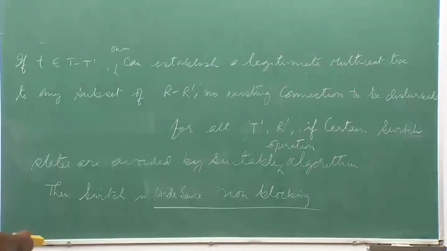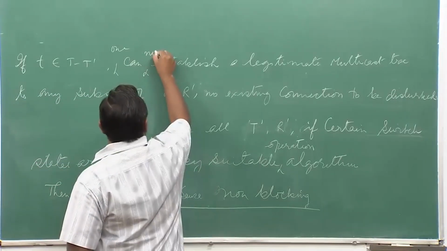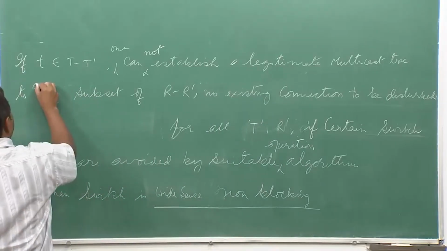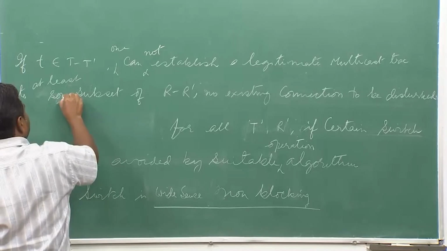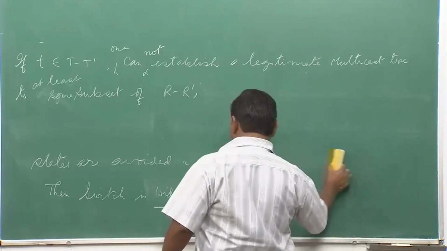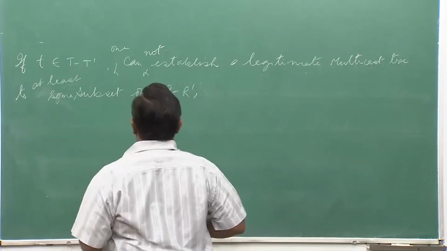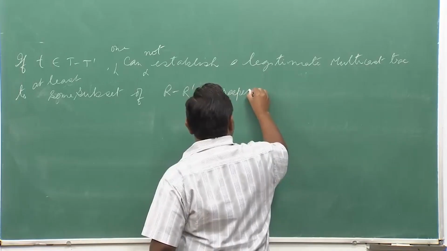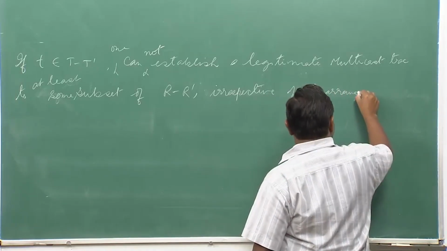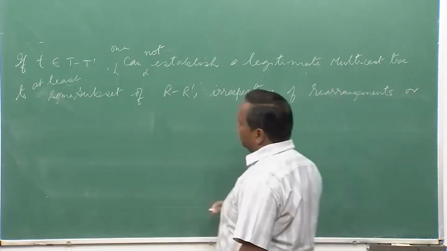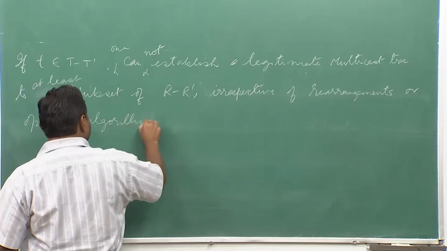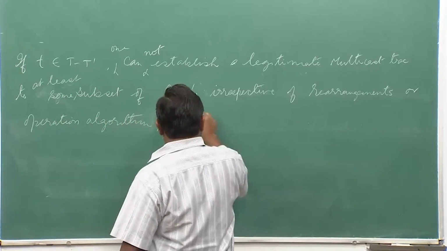So, the fourth category is one cannot establish a legitimate multicast tree to at least some subset of R minus R prime, irrespective of rearrangements or operation algorithms, then the switch is a blocking switch.